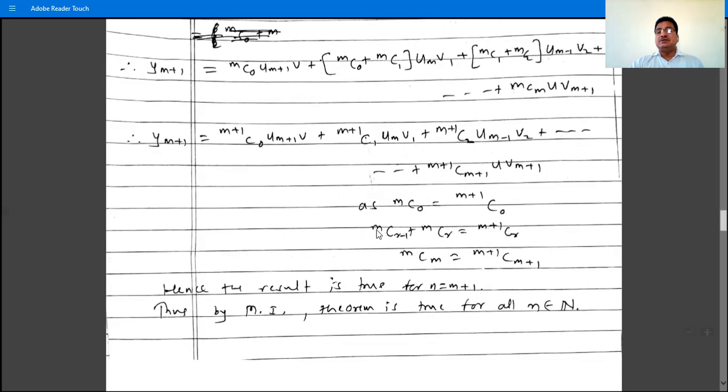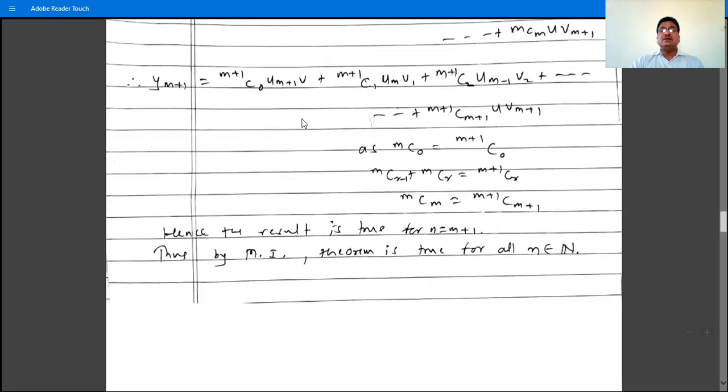Similarly, by the same rule, mC1 plus mC2 is (m+1)C2, with u_(m-1) v2. And mCm and (m+1)C(m+1) are both the same, because both values are 1. So write mCm as (m+1)C(m+1), u v_(m+1) as it is.